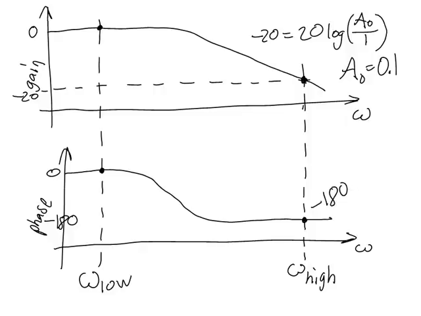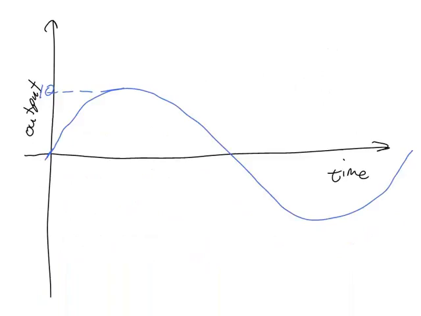With this information, I can go back to my output plot and I'll draw this new signal. This one will be at the frequency omega high. It will be 180 degrees out of phase, and it will have an amplitude of 0.1. So this signal will look something like this.